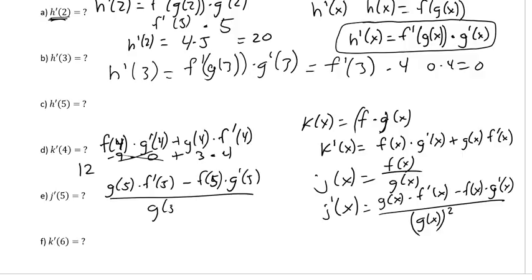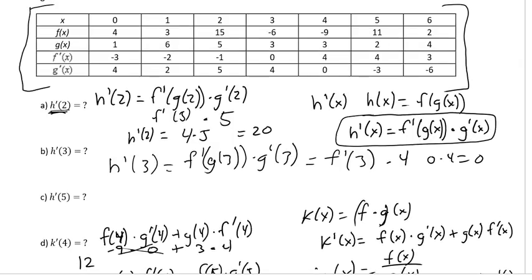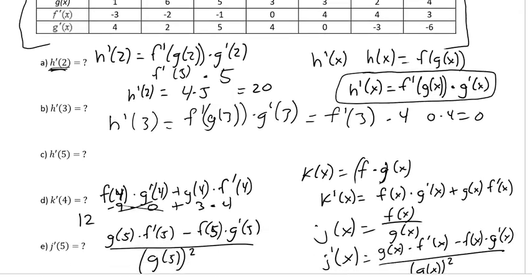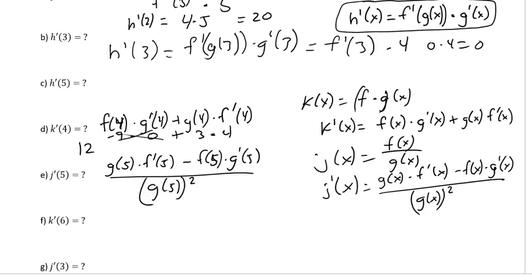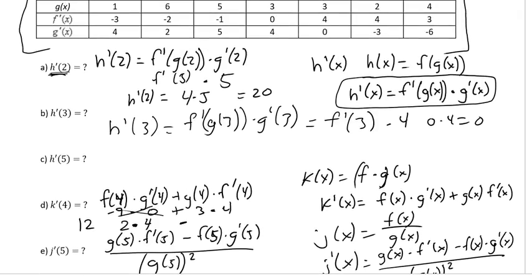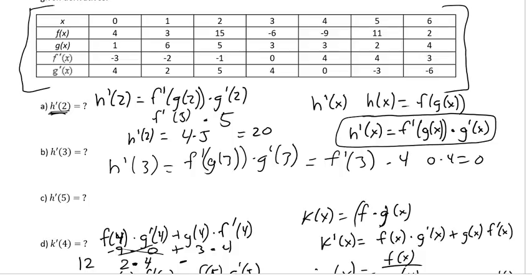If I plug those in, g of 5 is 2 and f prime of 5 is 4. So this is 2 times 4 minus f of 5 is 11 and g prime of 5 is negative 3.